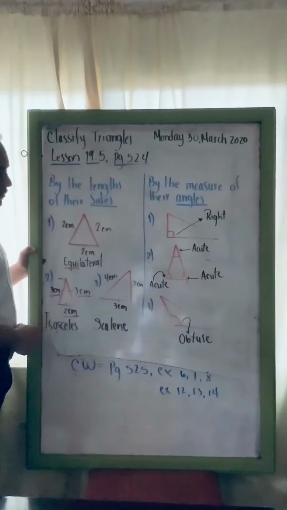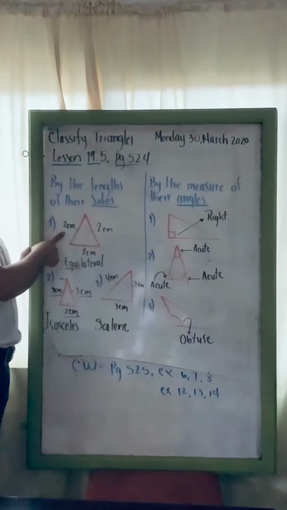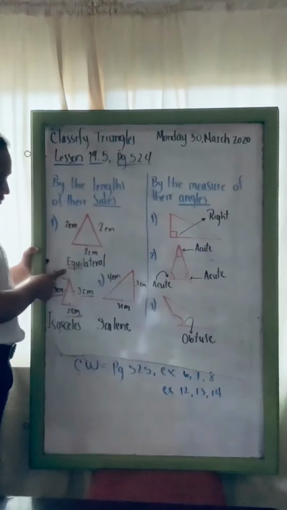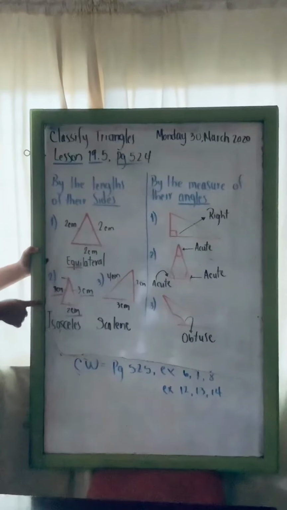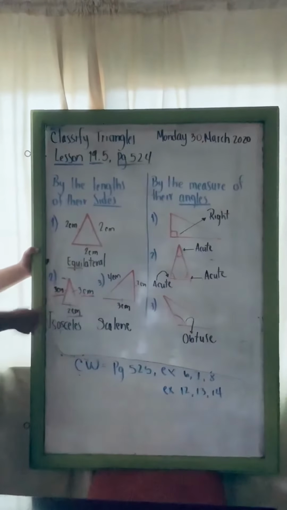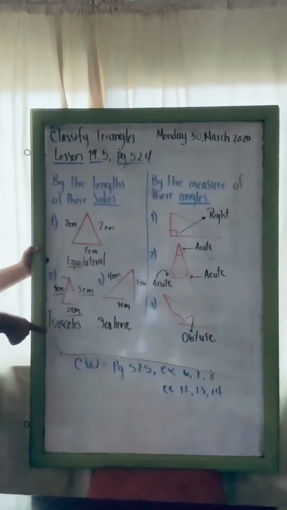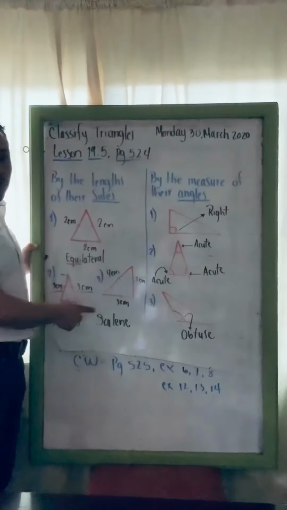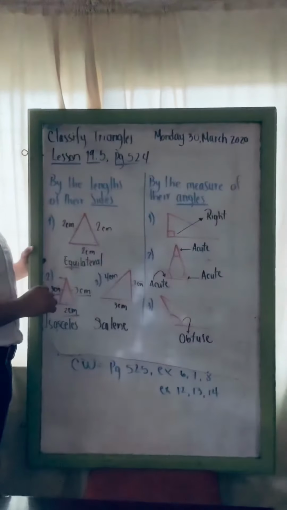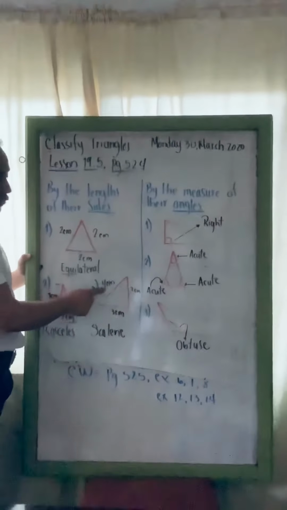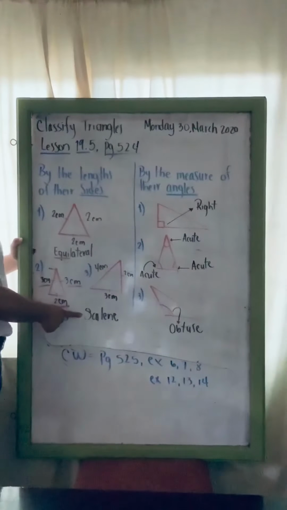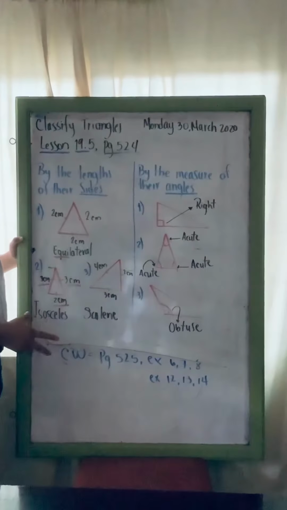Reviewing them all: a triangle with 3 equal sides is an equilateral triangle. A triangle with only 2 equal sides is called an isosceles triangle. And number 3, a triangle with 0 equal sides, for example this one with 4, 2, and 3 centimeters, is called a scalene triangle. I hope you have it clear.